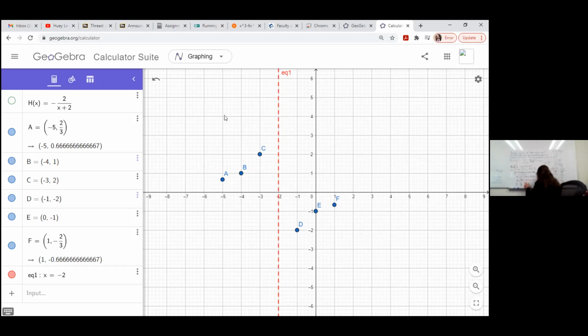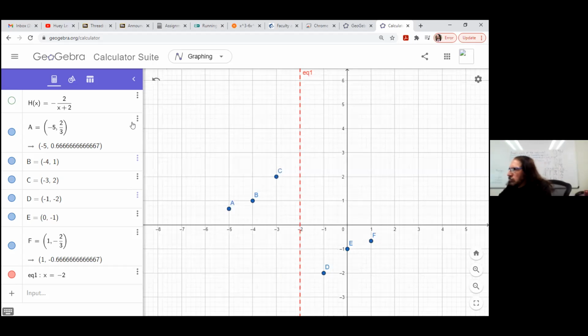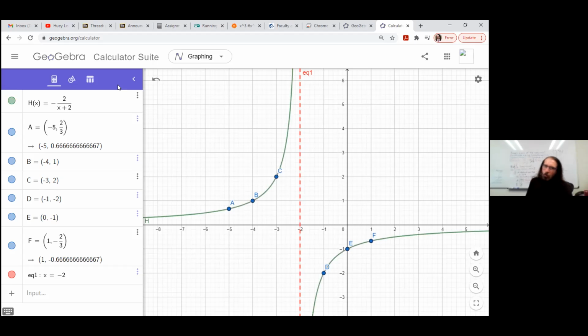But vertical asymptote at x equals -2. And so you can connect these 3 points over here in this branch and these 3 points over here in this branch. And although this website is not putting arrows at the end, they're there.